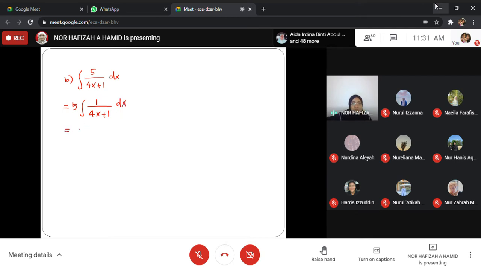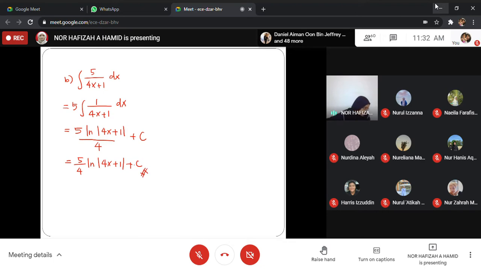So saya solve using formula equal to 5, integrate 1 over 4x plus 1 is equal to ln 4x plus 1. Lepas tu you need to differentiate 4x plus 1 dapat 4. So bahagikan dengan 4 plus c. Or you can write down as 5 over 4 ln 4x plus 1 plus with c.